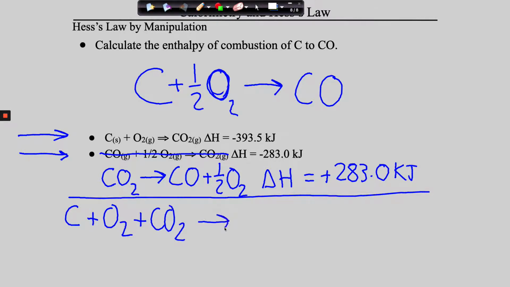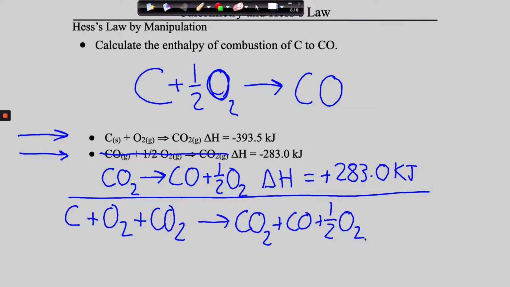So we have gathered the reactants from the 2 equations. Then we gather products: CO2 and CO and 1/2 O2. Actually, honestly, the thing that I like about your chuckling is it means you're paying attention, right?